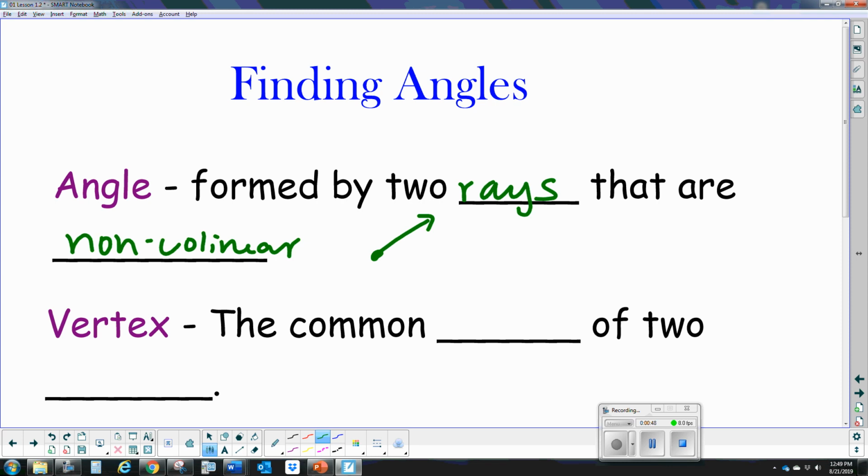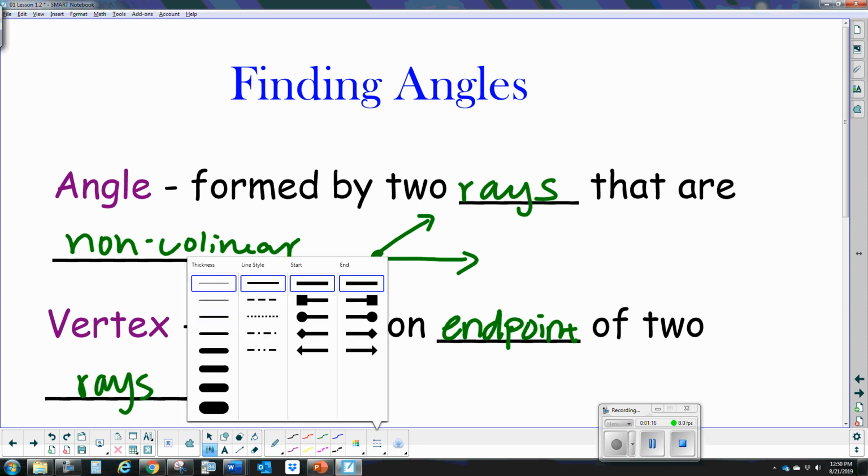The idea that they're non-collinear means they go on in different directions. So these are two separate rays. They share an endpoint, so the vertex is the common endpoint of the two rays, but they are two separate rays.